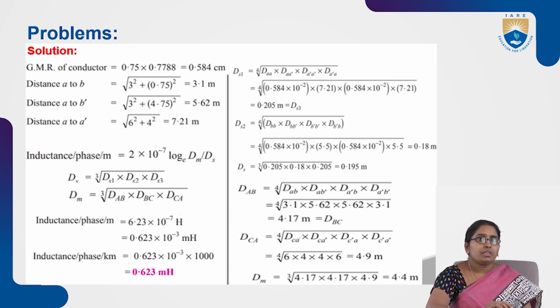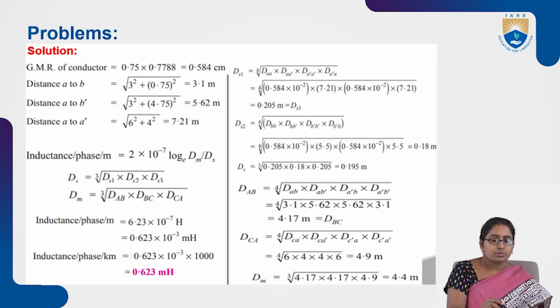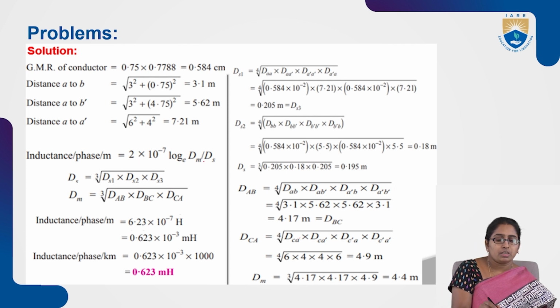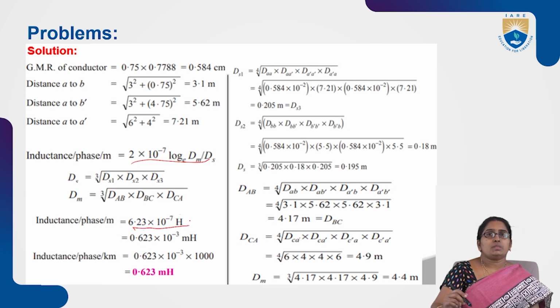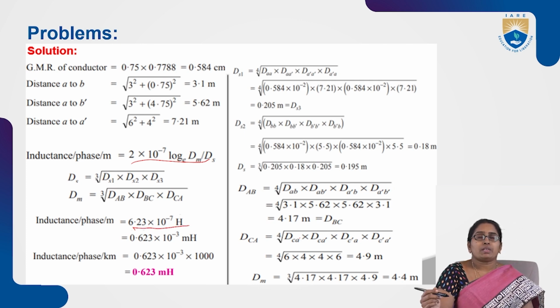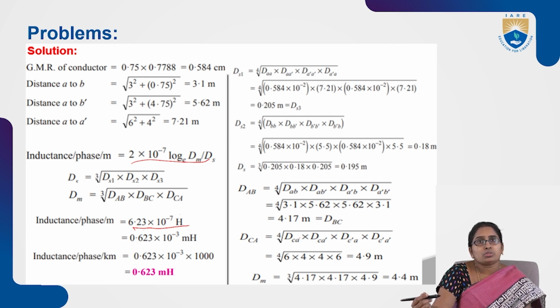Now substitute it here in this expression. What is the answer? It is given as 6.23 into 10 power minus 7 meters. If we write that value in millihenries, 6.623 into 10 power minus 3 millihenries.